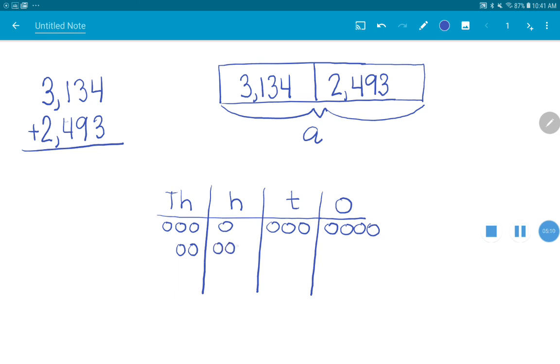Just putting little dots. You're representing this addition problem with place value discs on your chart.